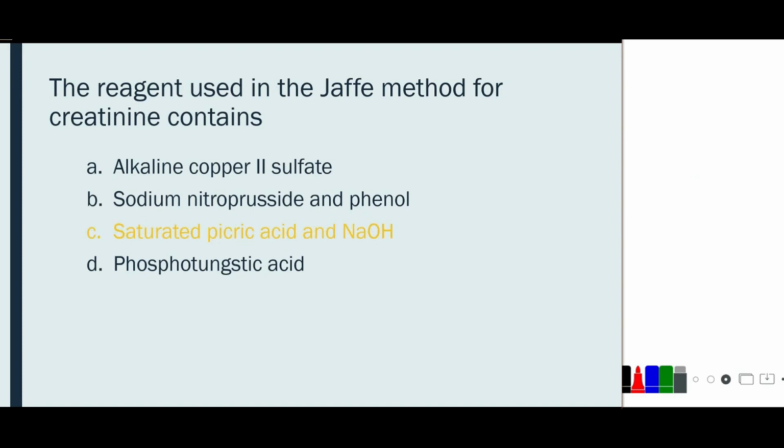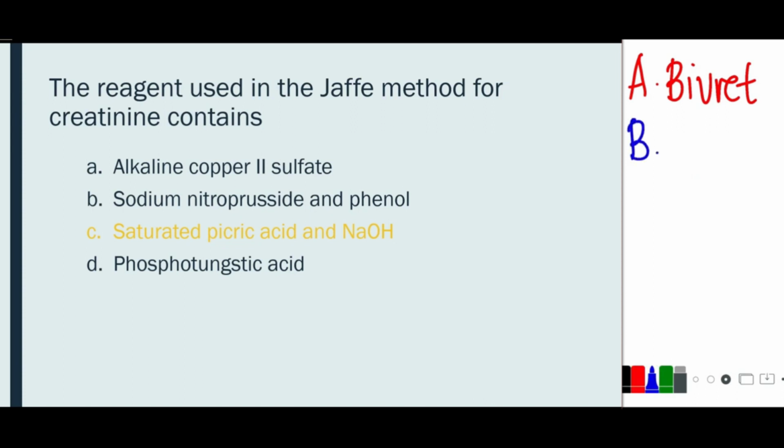What about the reagents given here in the other choices? So for choice A, guys, the alkaline copper 2 sulfate is a reagent utilized in the Urea test for protein determination. What about choice B?